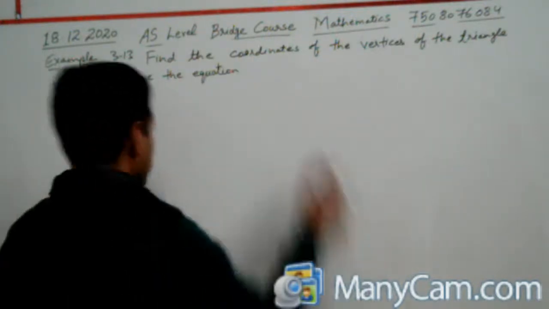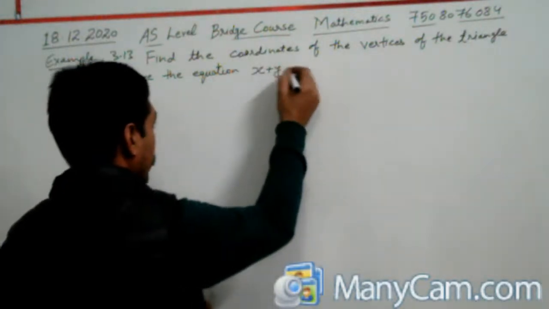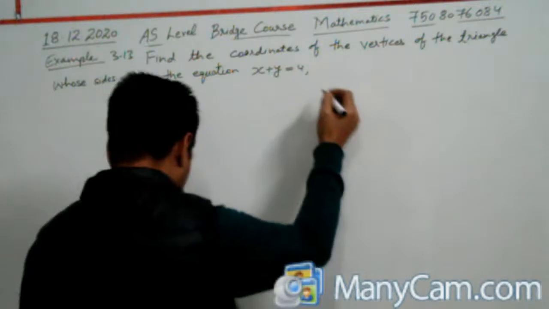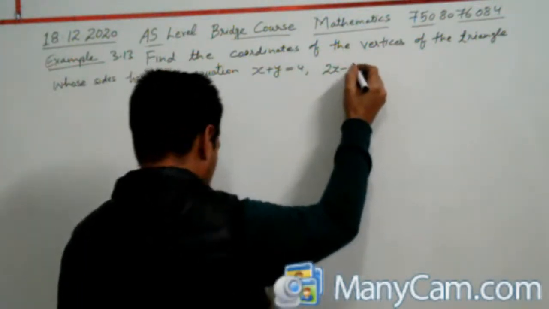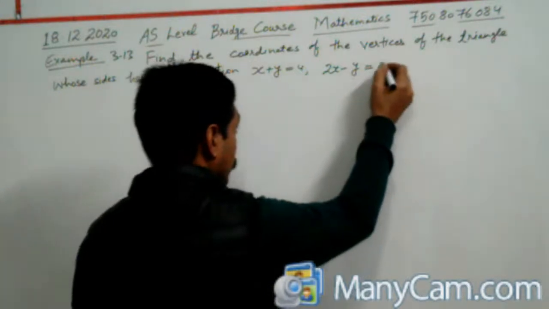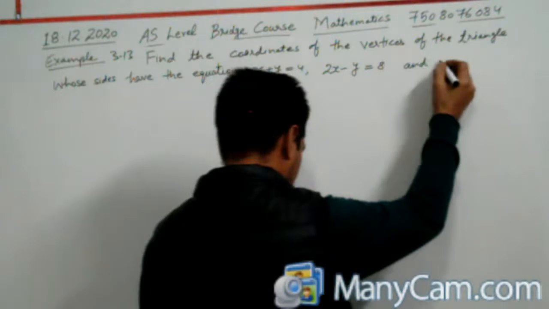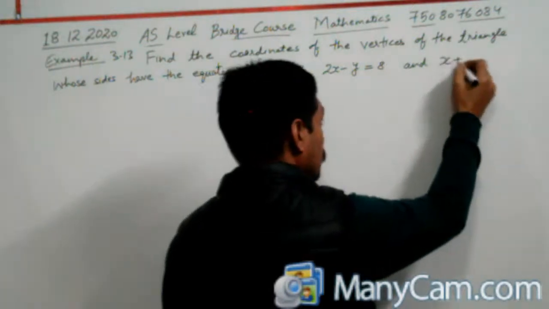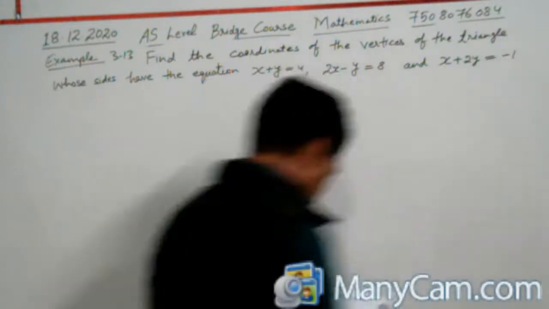x plus y is equal to 4, 2x minus y is equal to 8, and the last is x plus 2y is equal to minus 1, right?